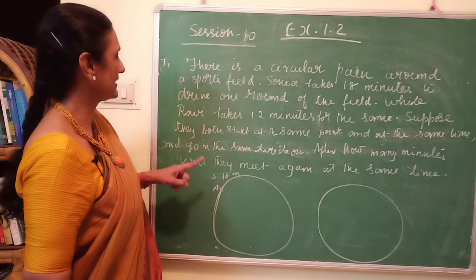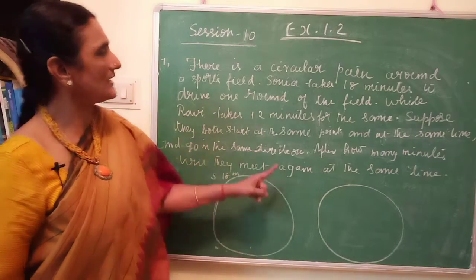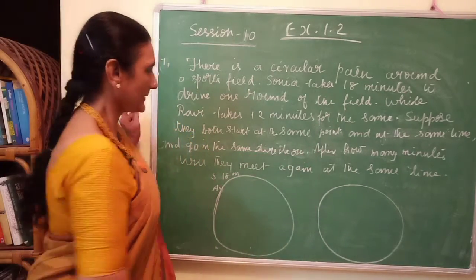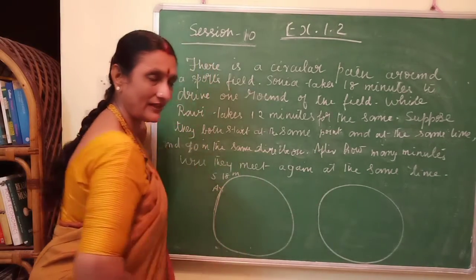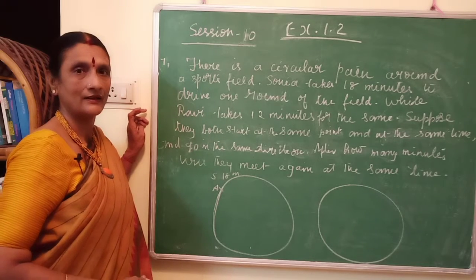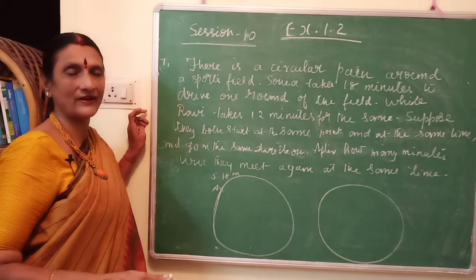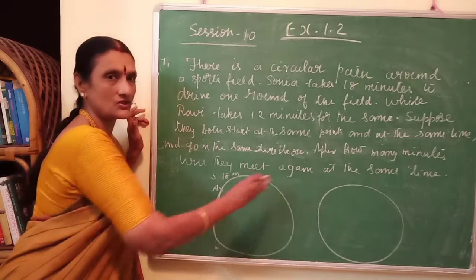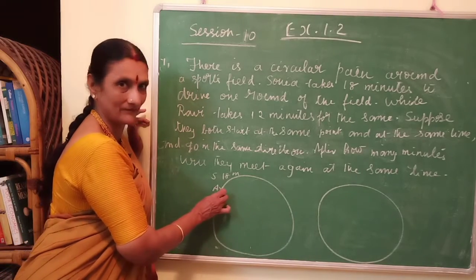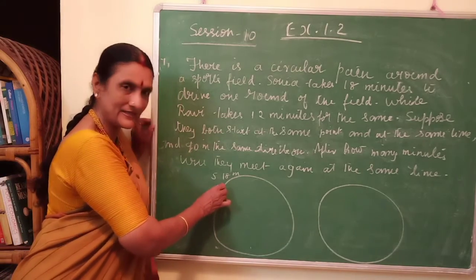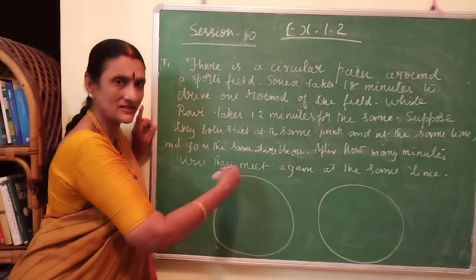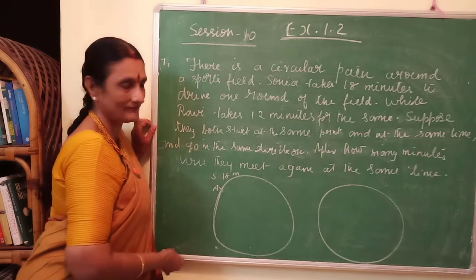Next, Ravi takes 12 minutes for the same. Just to indicate the different speed and timing, I have drawn two paths, otherwise it is the same. This is the same place at which Ravi also starts rounding the track. Got it?